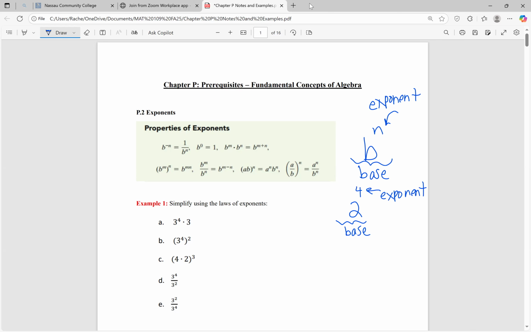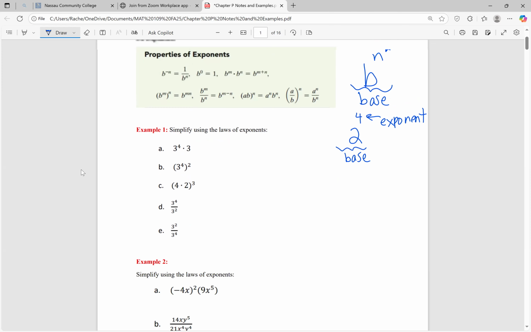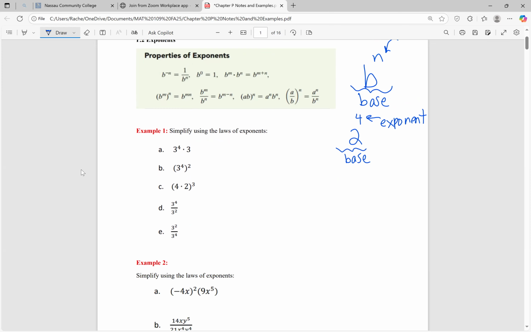So let's practice. Let's look at example 1. Example 1 says simplify using the laws of exponents. For A, I have 3 to the 4th times 3, and we could also think of that as 3 to the 1st.